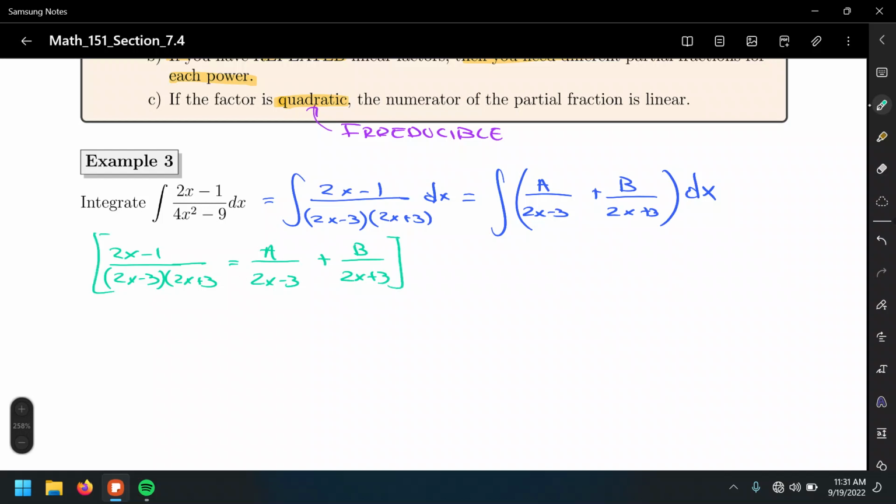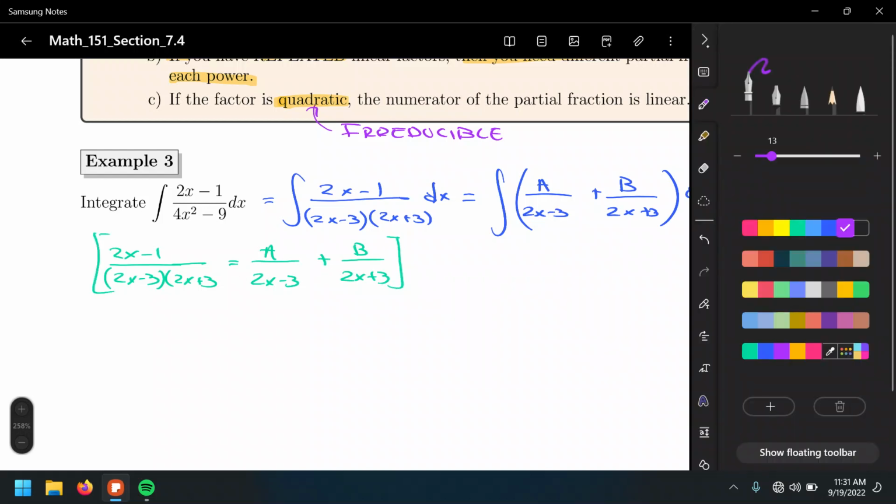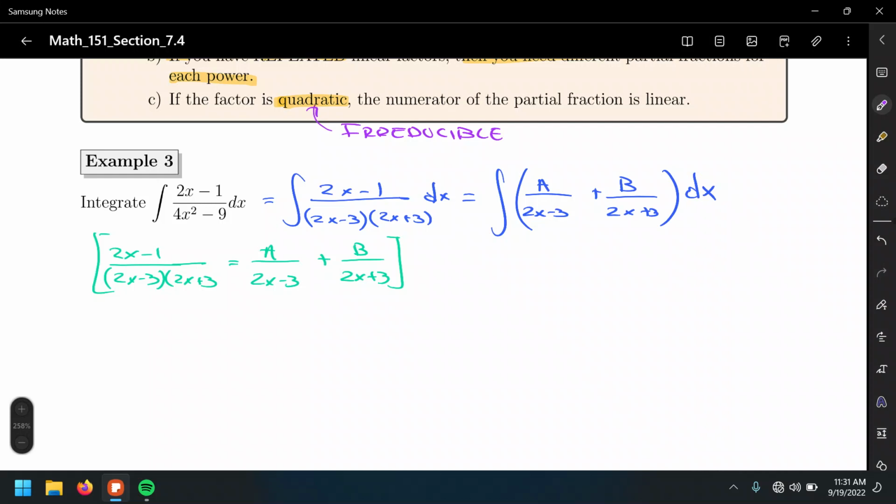Alright, let's multiply both sides. To simplify this equation, let's kill off the denominator. In order to accomplish that, multiply both sides by the least common denominator. That is the expression that will divide out both the 2x minus 3 and the 2x plus 3. In this case, it happens to be the product of these two: (2x minus 3)(2x plus 3).